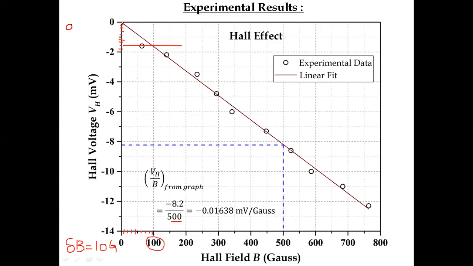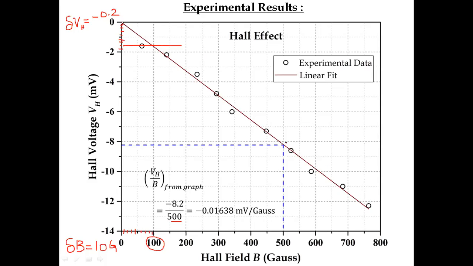So one smallest division, that is delta VH that I was talking about, is equal to minus 0.2 millivolt, because between two millivolt there are 10 small divisions. So this is delta B and delta VH.